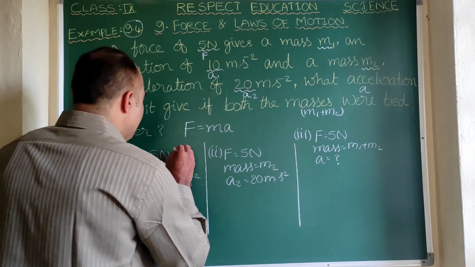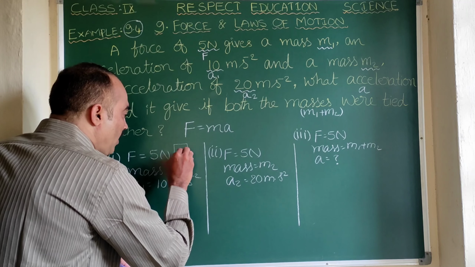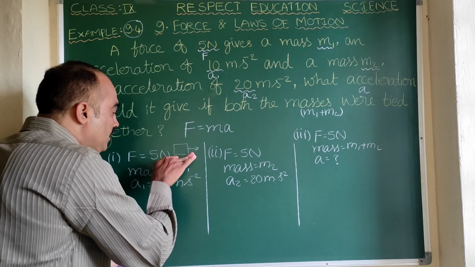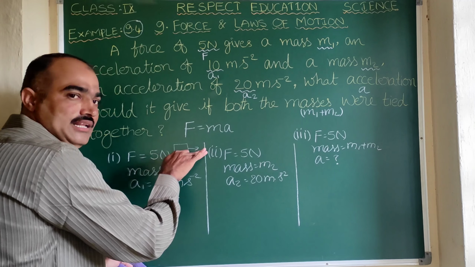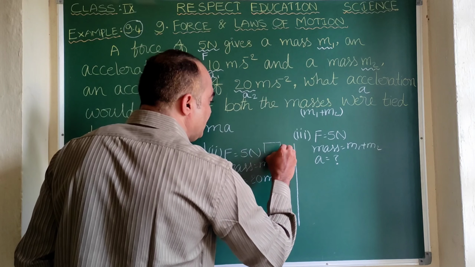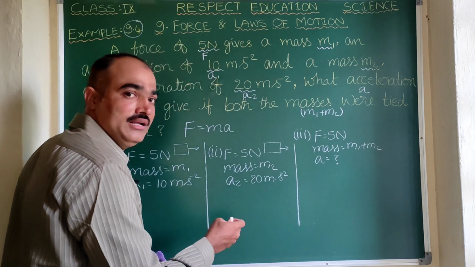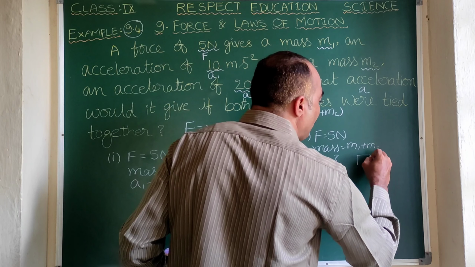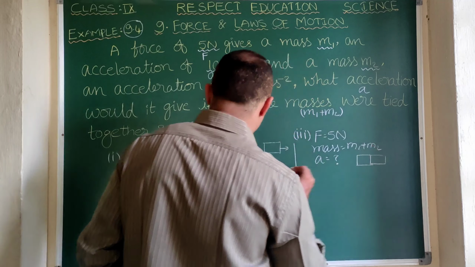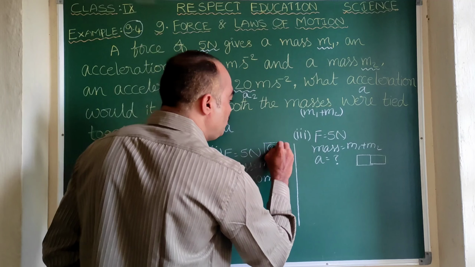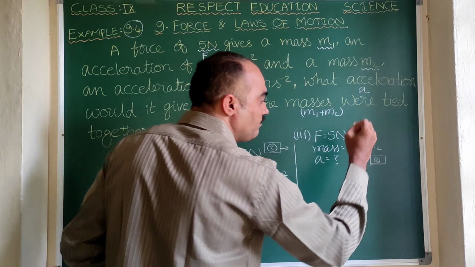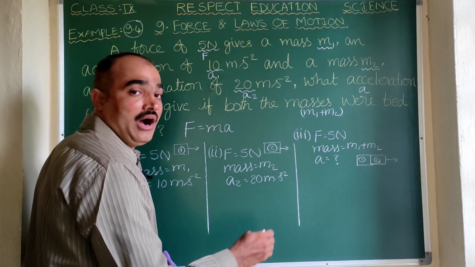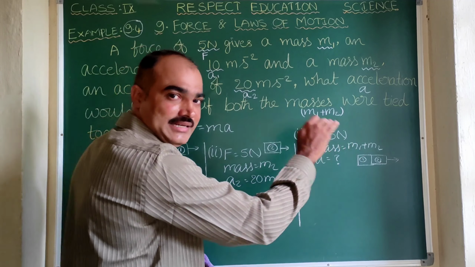There is an object on which we applied the force 5 Newton, so it got 10 meter per second square acceleration. For the second object, the same 5 Newton force is applied, so it gets the acceleration of 20 meter per second square. When these two objects are combined, tied together, this is object 1, this is object 2, this is 1 plus 2. Again the same force is applied on it. Now the question is how much acceleration would there be in that case?